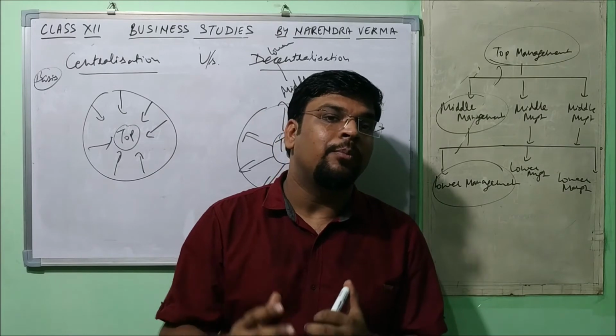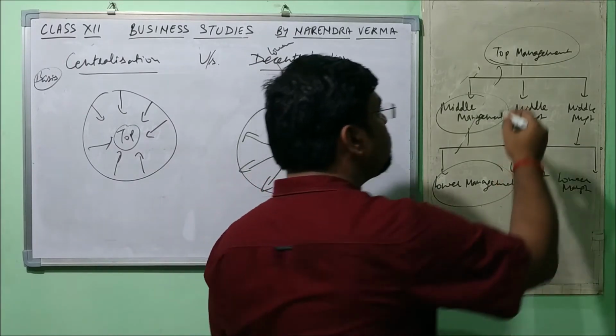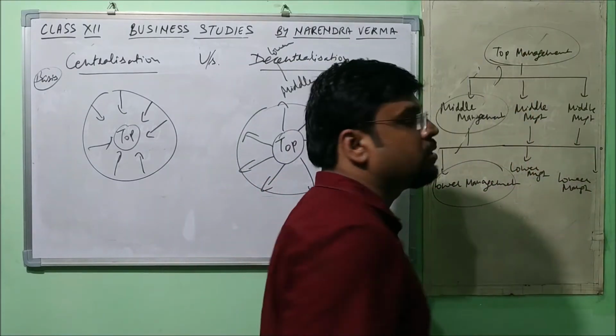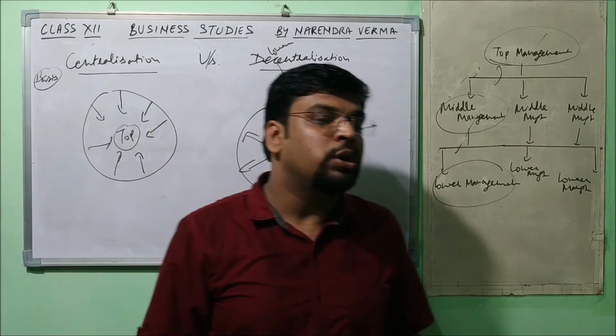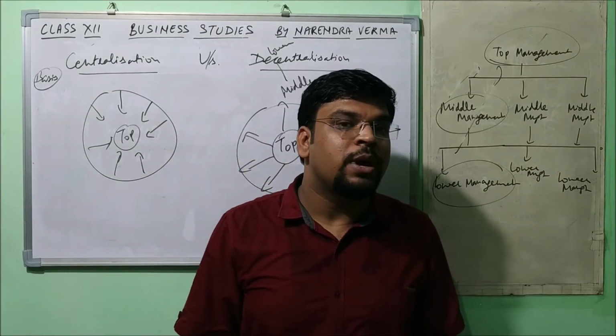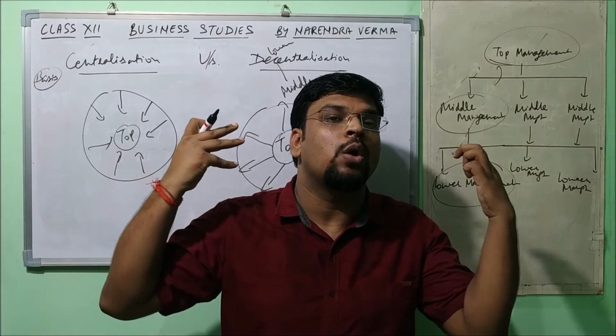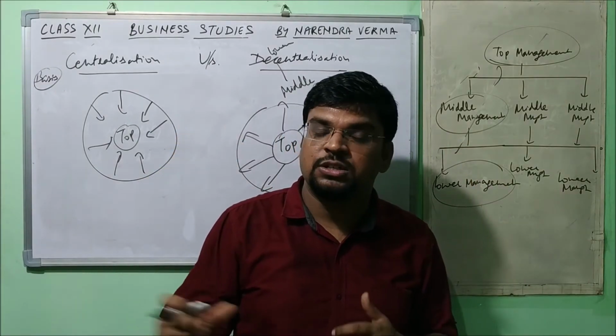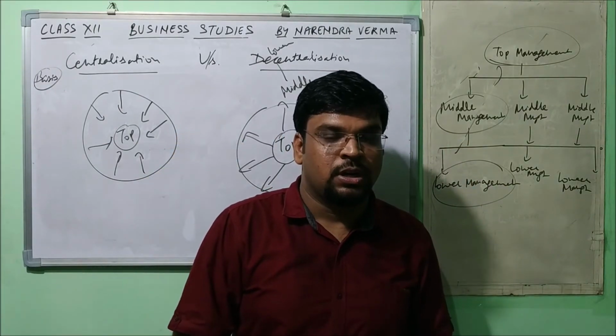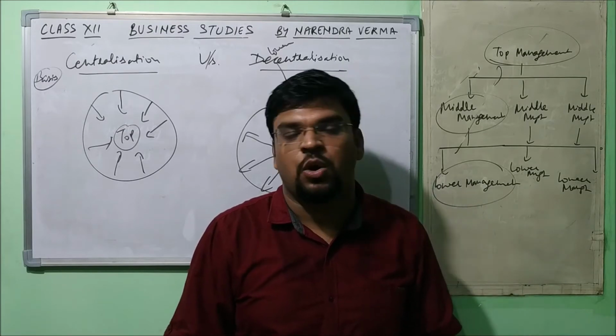Similarly, complete decentralization cannot exist in an organization. Why? Because complete decentralization means removing the role of top level management. That can happen only when top level management surrenders all his authority and does not exist anymore. Can it happen in an organization? Not at all.